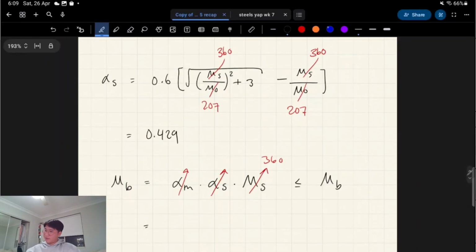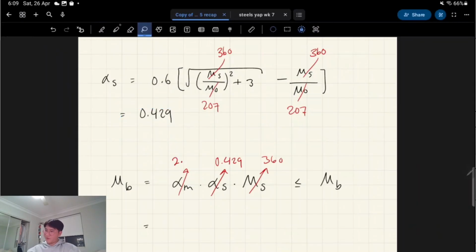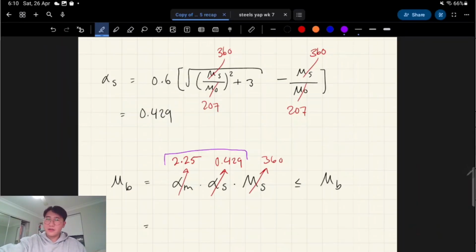Now, that is a significant shrink in capacity, right? But we did also get a fairly significant buff in capacity of 2.25 from the fact that we had a bending moment which looked like that, right? The thing is, we have to check quickly whether these two numbers multiplied together is greater than 1 or not. And when we do that, we get 0.966.